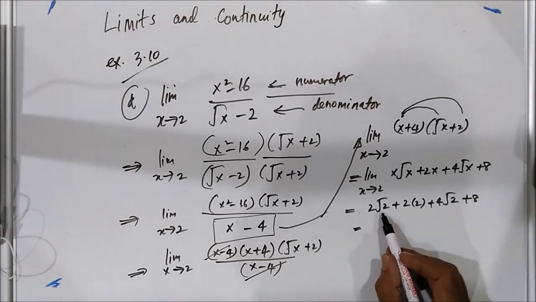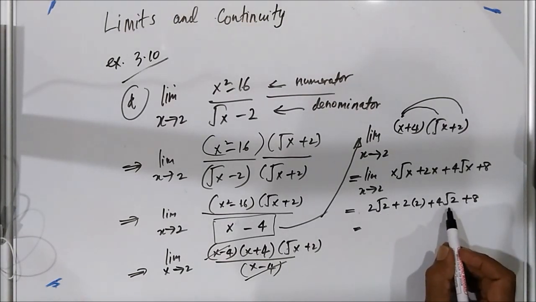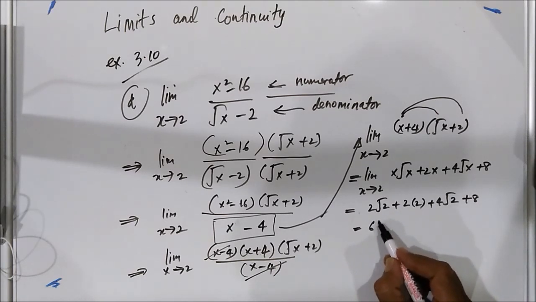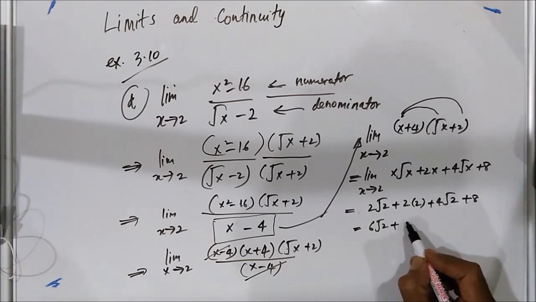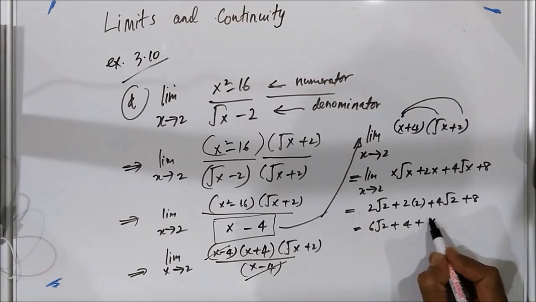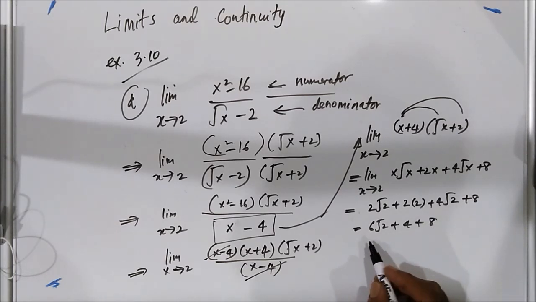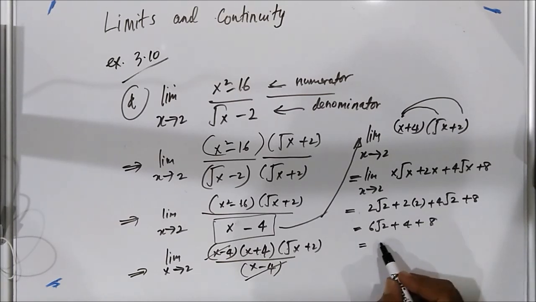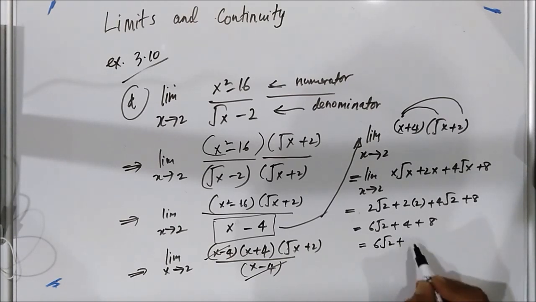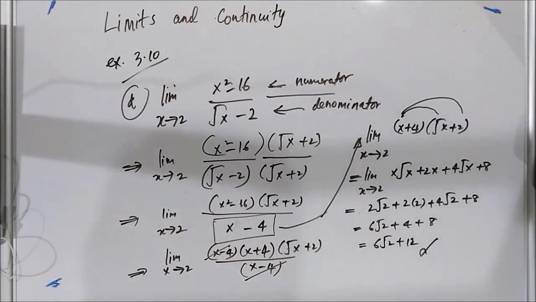So 2 plus 4 square root of 2 is 6 square root of 2, plus 4 plus 8. This will give me the answer of 6 square root of 2 plus 12. This is the final answer for the example.